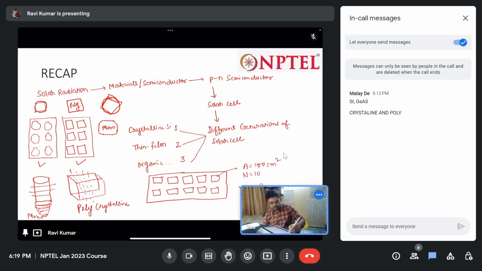And can you guess PMPP, how much power it will generate, just by seeing the module?